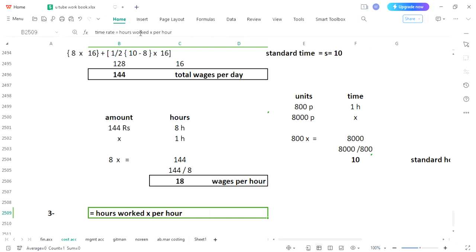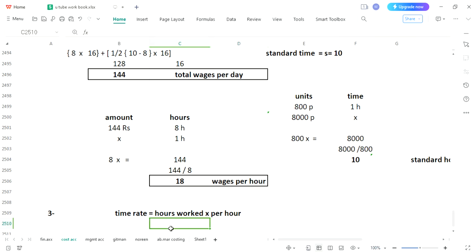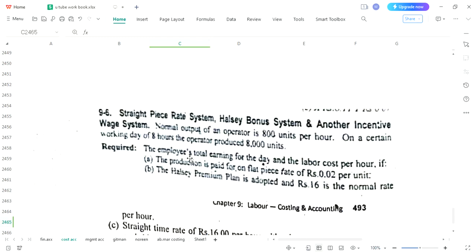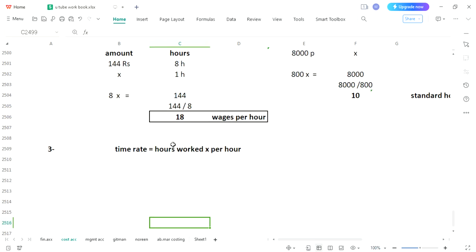Let's not highlight these formulas. Few elements were hidden. So time rate method is how many hours worked. We have already discussed that this worker worked 8 hours a day. Hours we know is 8, and we need to multiply it with the per hour rate.